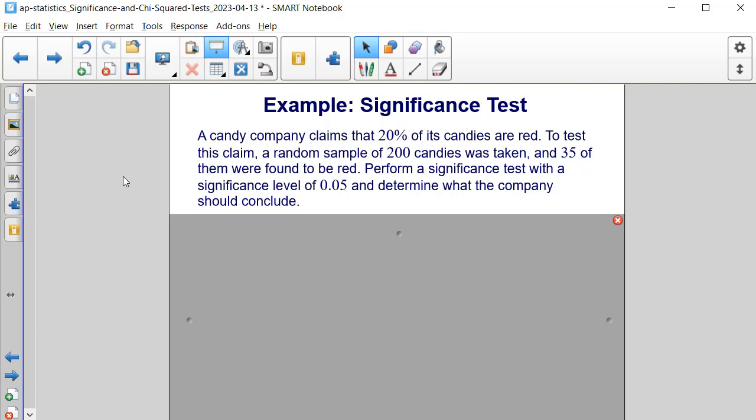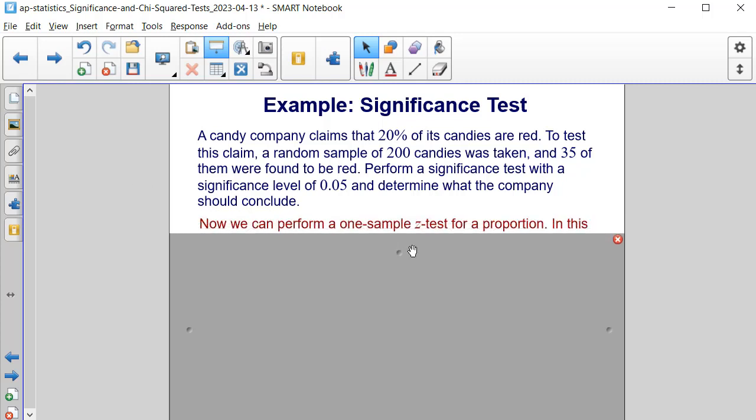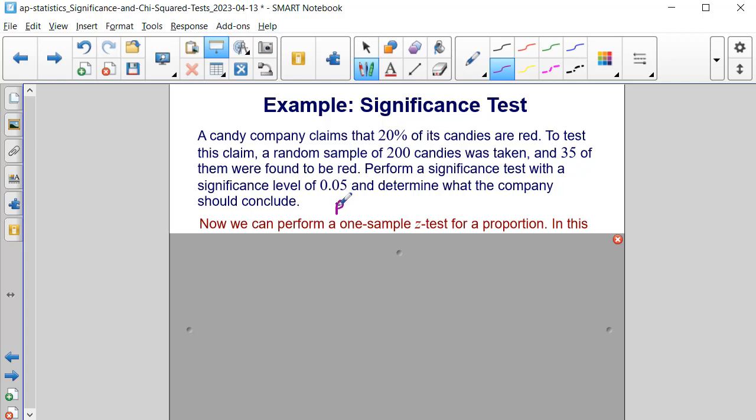Since the conditions were fully met, we can begin to perform a one-sample z-test for this proportion. First thing that we need to calculate is p-hat, and that's found by dividing the red ones by the total in our sample.